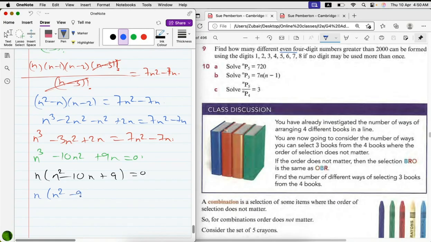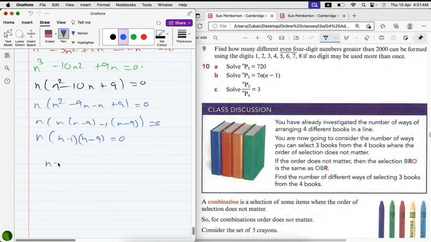N square minus 9N minus N plus 9, N into N minus 9 minus 1 into N minus 9. N minus 1 into N minus 9 is equal to 0. So N is equal to 0, N minus 1 equal to 0, N is equal to 1, and N minus 9 equal to 0, N is equal to 9. So either N is 0, 1 or 9.